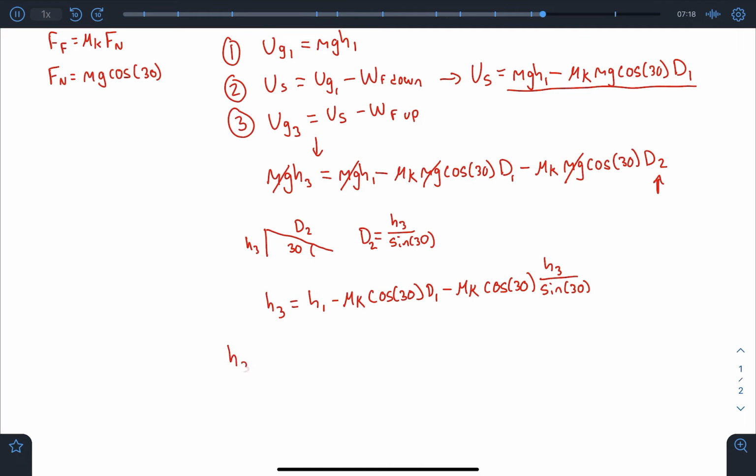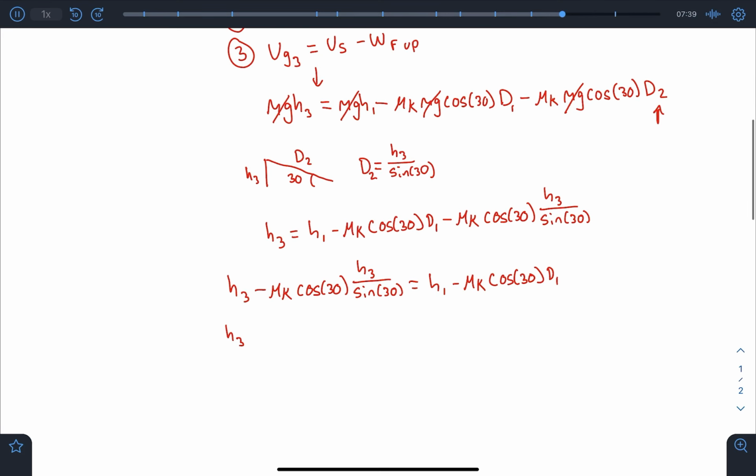So to start, let's move them over to the same side. So we're left with that equation, and then we can divide the left-hand side by our final height, h3, and we're left with 1 minus our coefficient of kinetic friction times cosine 30 over sine 30 is equal to our right-hand side.